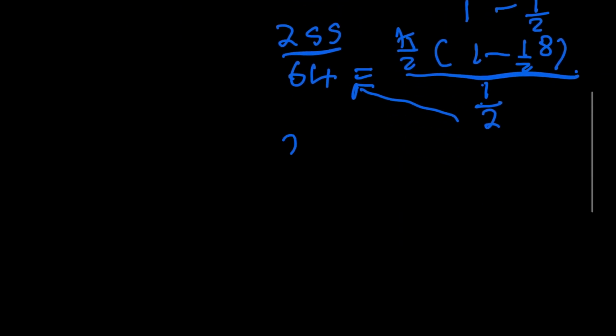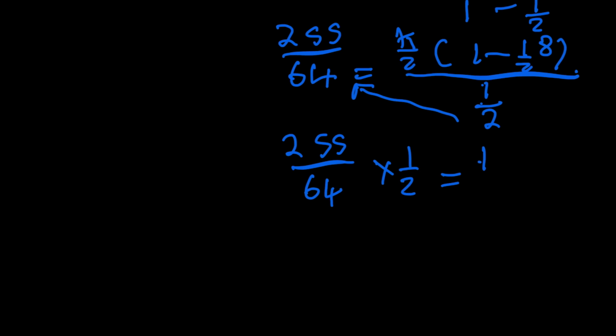So it's 255 over 64 multiplied by 1 over 2 is equal to K over 2 times 1 minus 1 over 2 to the power of 8. Sorry for the sloppiness. It's 255 over 64 multiplied by 1 over 2.